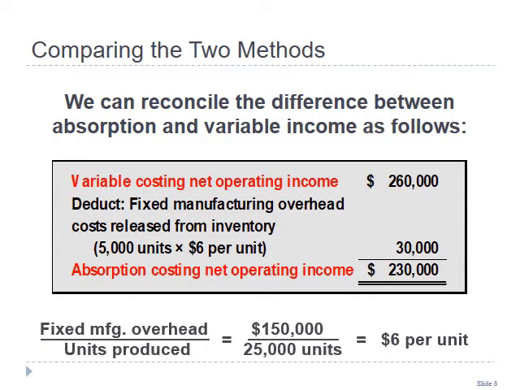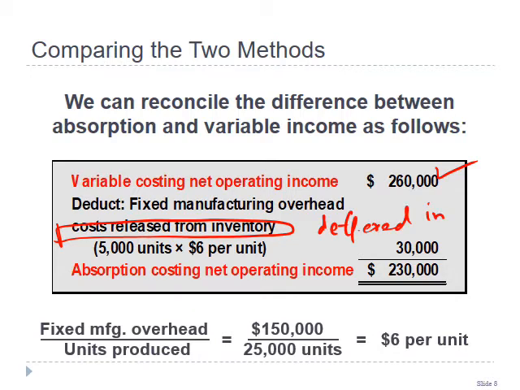The reason is that in the second year, variable costing operating income is 260,000. Then just deduct the effect of fixed overhead costs that we deferred. Let me just write it here. In year one, what we deferred, we added over there the fixed manufacturing overhead.